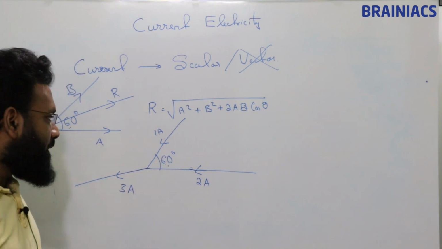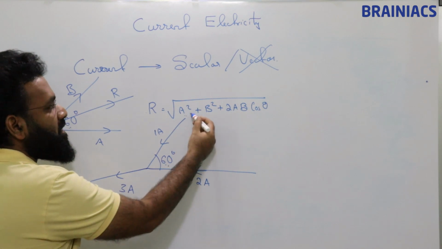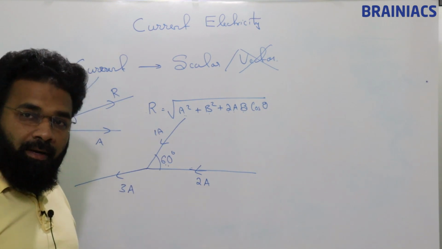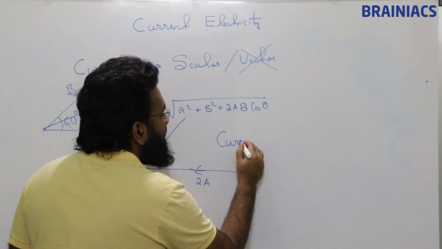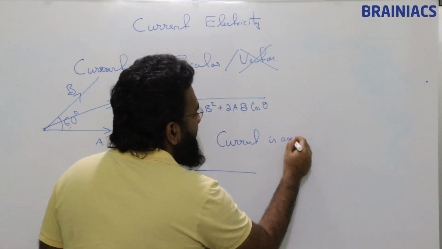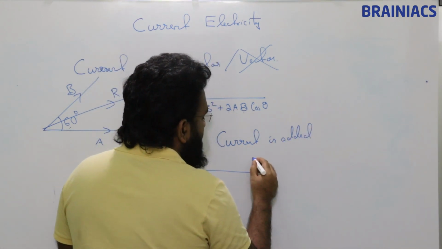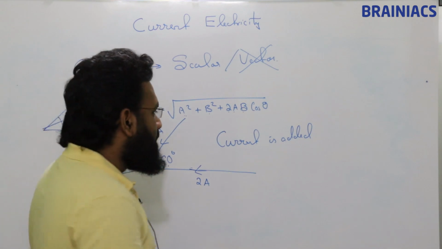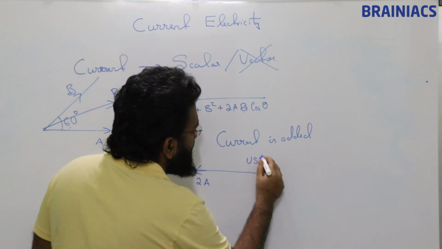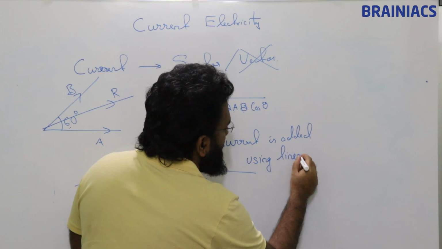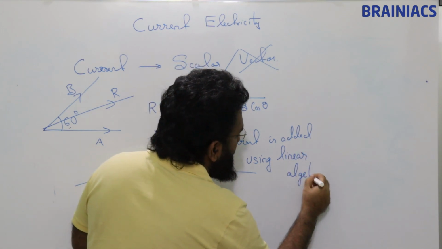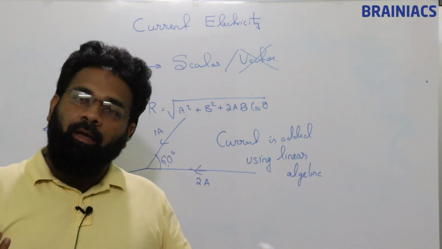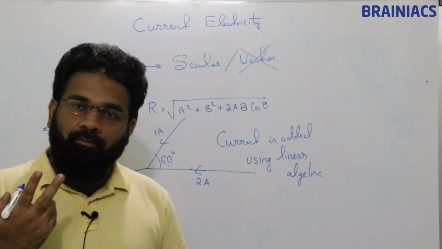If we considered that angle, we would have to put 3 square plus 2 square plus 2 into 3 into 2 into cos 60. That is not at all required. That is, current is added using linear algebra, not vector algebra. Just like if you take 1 cup of milk and add another 2 cups of milk, you will get 3 cups of milk.